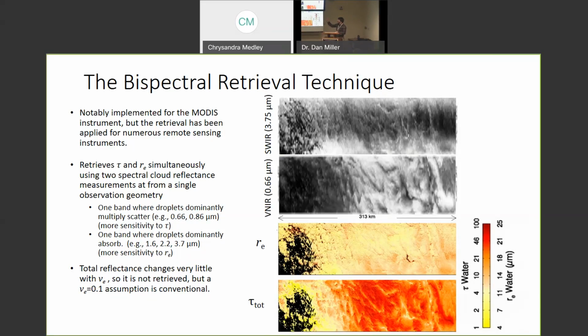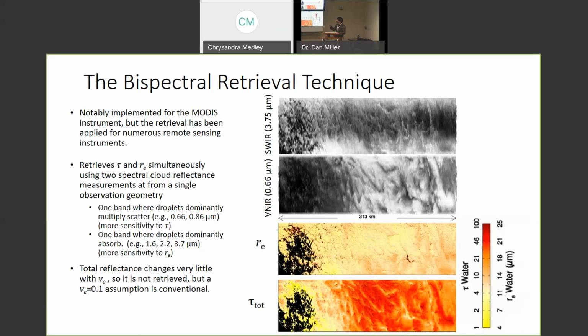And then you go to another band where, instead of being dominantly scattering, there's a lot more liquid water absorption, say a band around 2.2 micrometers or 3.75 micrometers. There's a lot of liquid water absorption in these bands, and so you get sensitivity to droplet size because of cross-section absorption sensitivity.